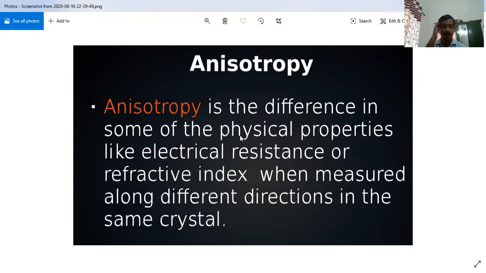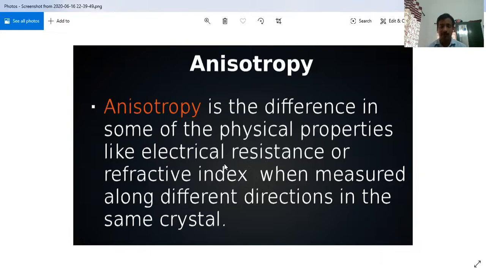That is one of the characteristics of crystal. Anisotropy is the difference in some of the physical properties like electrical resistance or refractive index when measured along different directions in the same crystal.